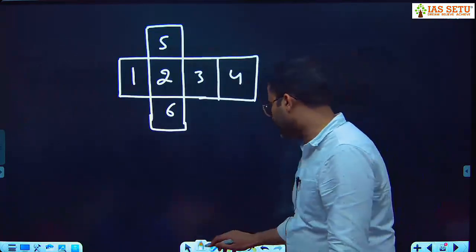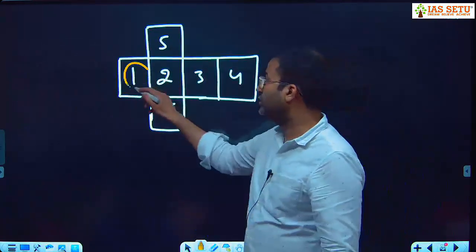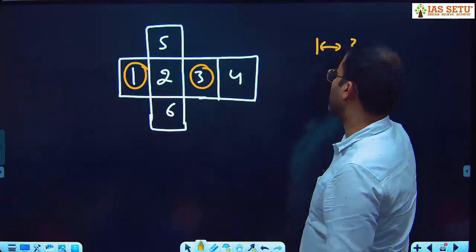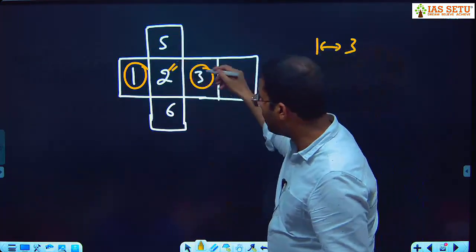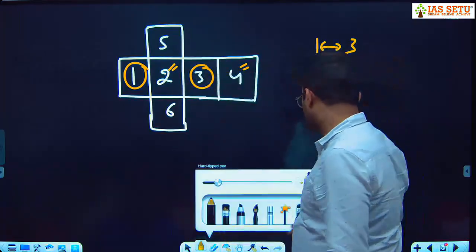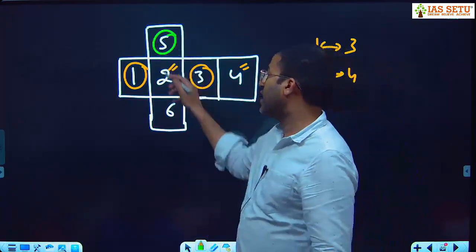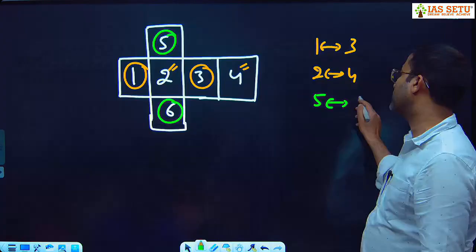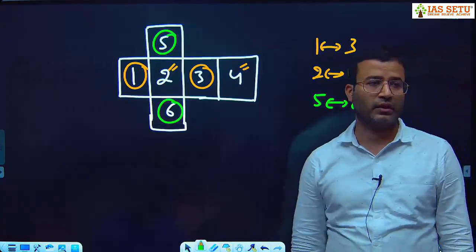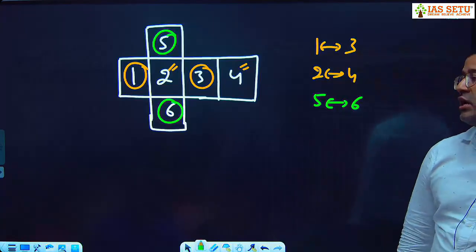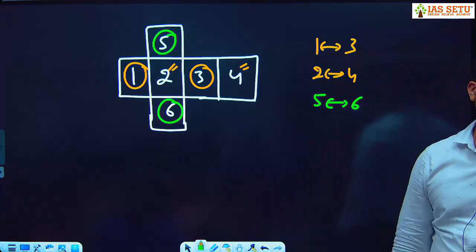In this row, 1 and 3 are alternate, so 1 and 3 are opposite. 2 and 4 are alternate, so 2 is opposite of 4. And in this column, 5 and 6 are alternate, so 5 is opposite of 6 in this given question. So in a column or in a row, alternate faces are always opposite of each other.